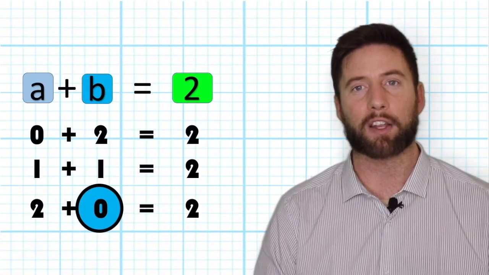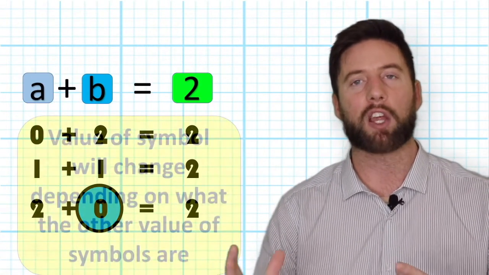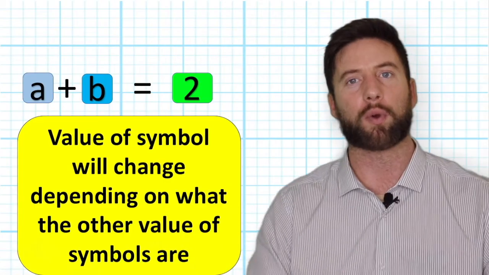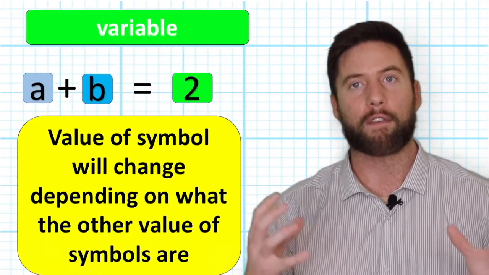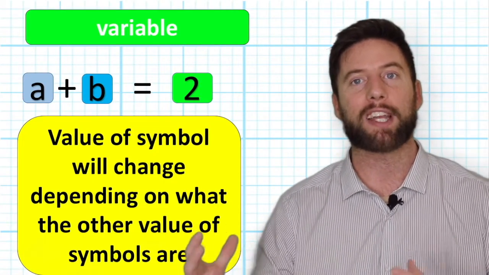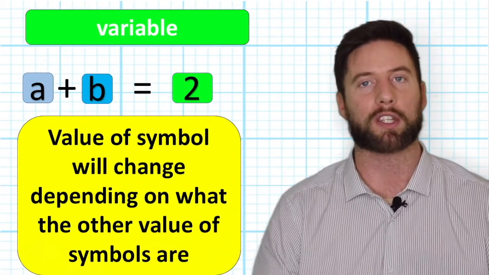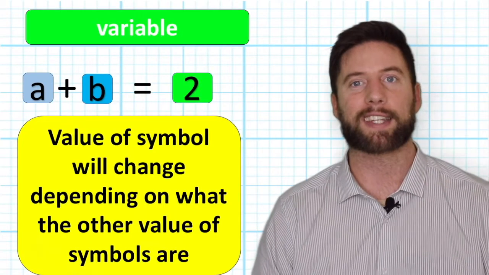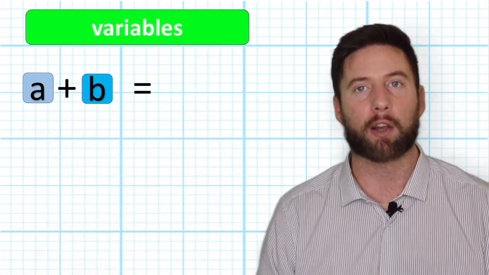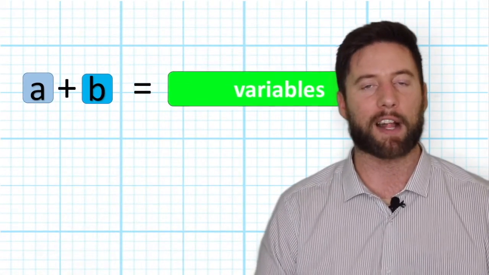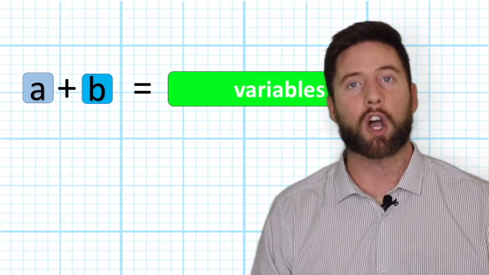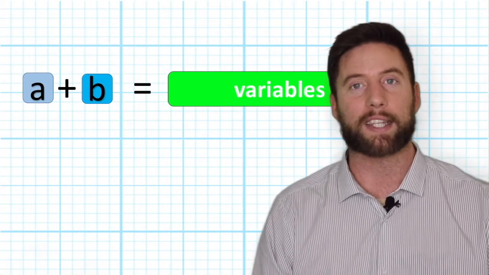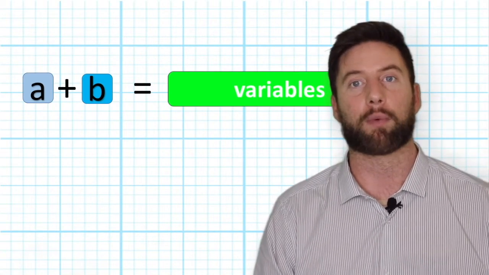So a symbol's value can change depending on what the other symbol's values are doing. And this means that it is variable. These symbols are variables. Their value can change depending on what else is happening around them. So in this example, both A and B are variables because their values can both change depending on what the other one is doing. So it's really common in algebra to refer to all letters and all symbols as variables.